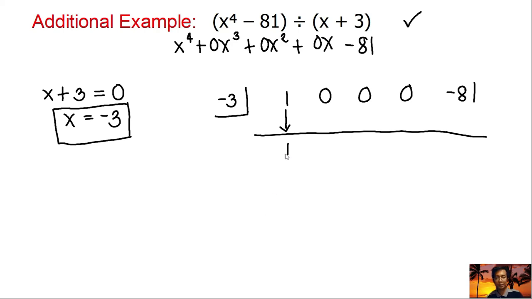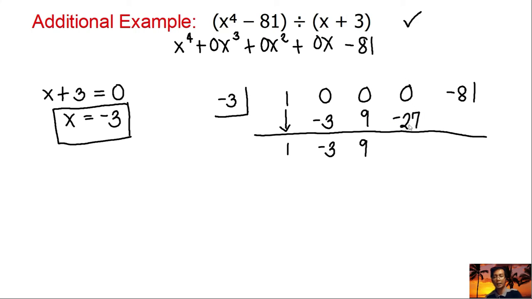Next, times 1 times negative 3 is negative 3. Next, add 0 plus negative 3, that is equal to negative 3. Next, times negative 3 times negative 3 is equal to 9. Then add 0 plus 9, that's equal to 9. Times it again, 9 times negative 3 is equal to negative 27.